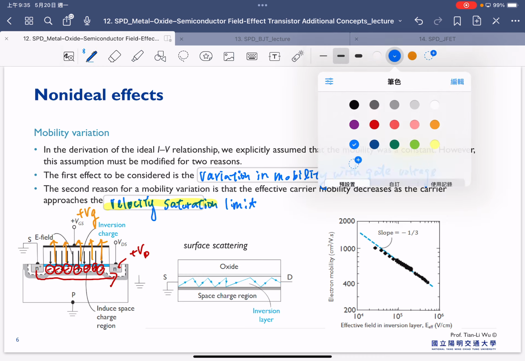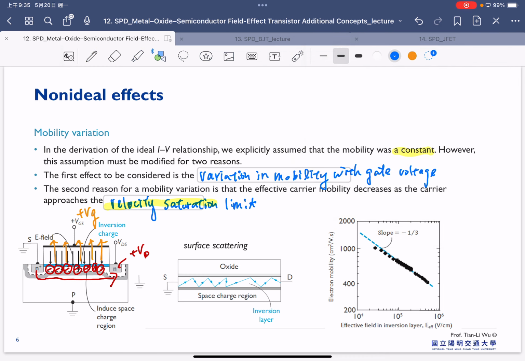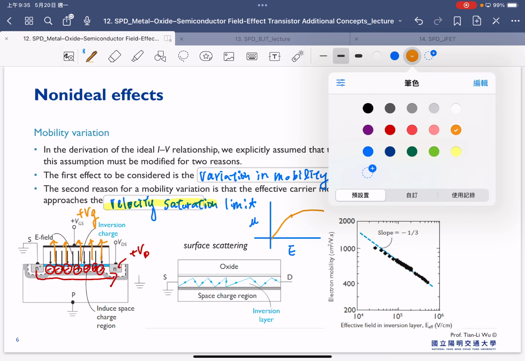We have the x-axis, which is the electric field, and the y-axis, which is the mobility. We often see that in the beginning there is a linear dependency, but at a certain moment we start to see the velocity saturation.